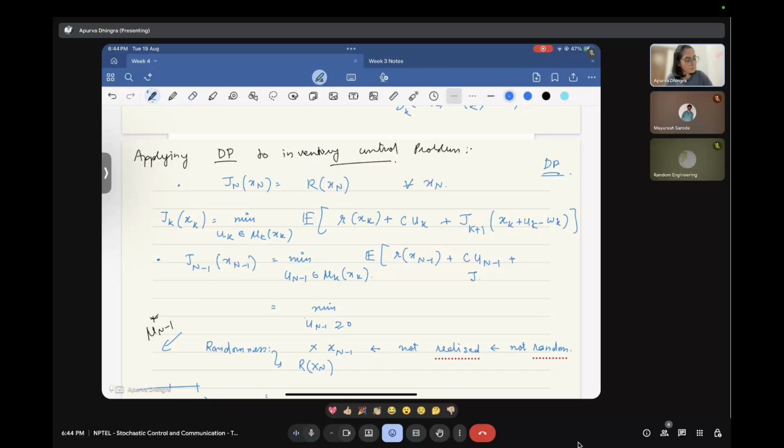Now here I'm supposed to put the value as k plus 1, which is n here. So it's Jn of xn minus 1, un minus 1.